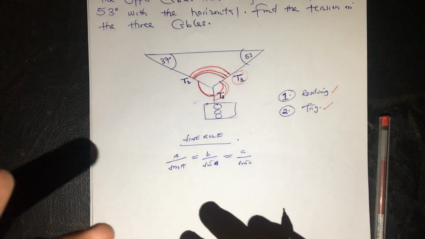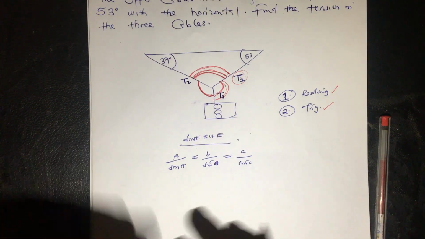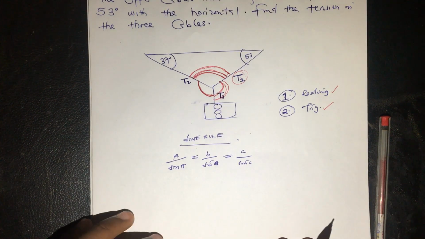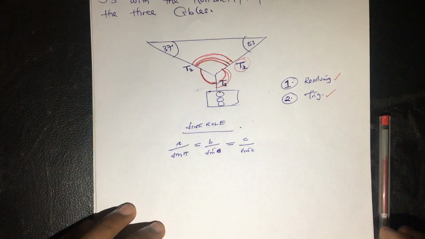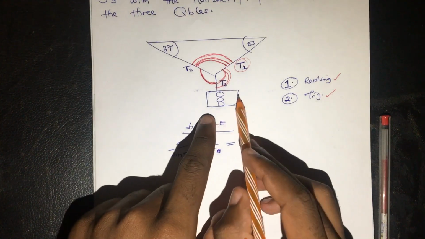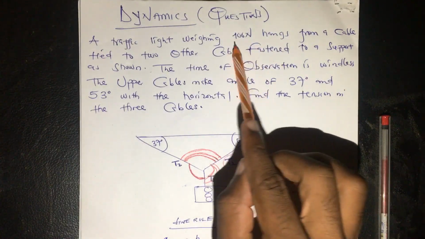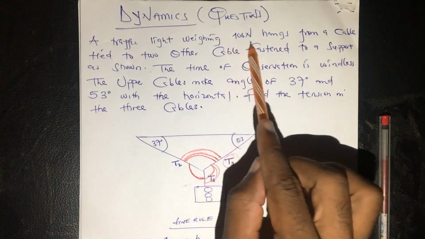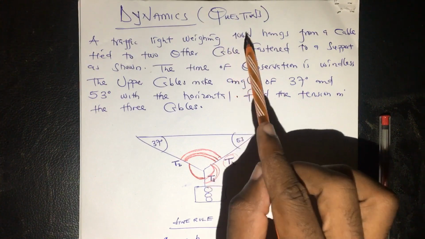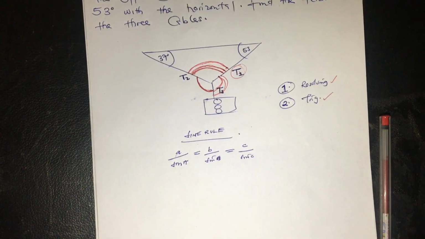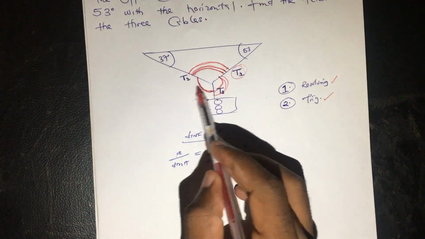If you use that formula for resolving, you apply those things, just to remind you. Since we know that this traffic light is weighing 100 newtons, let's take this part apart.